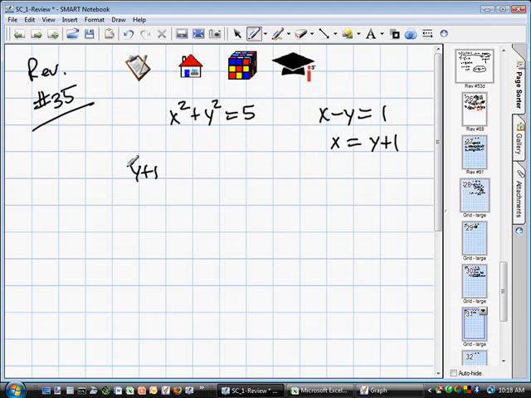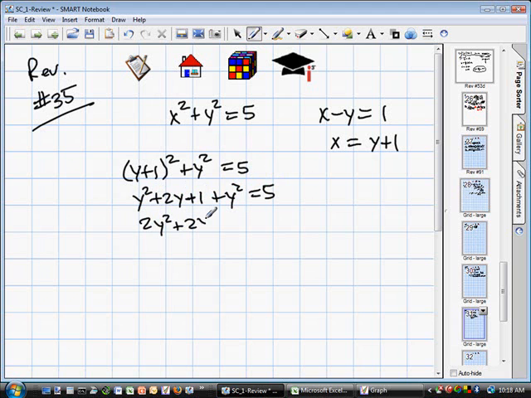So y plus 1 squared plus y squared equals 5. And this would be y squared plus 2y plus 1 plus y squared equals 5. And that would be 2y squared plus 2y minus 4 equals 0. And I could factor a 2 out of there.